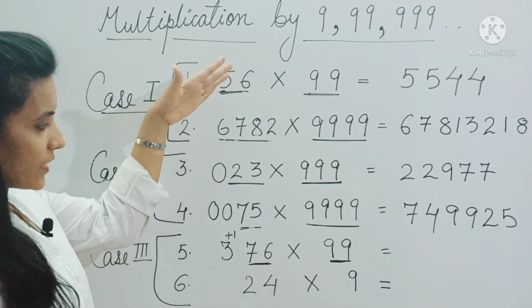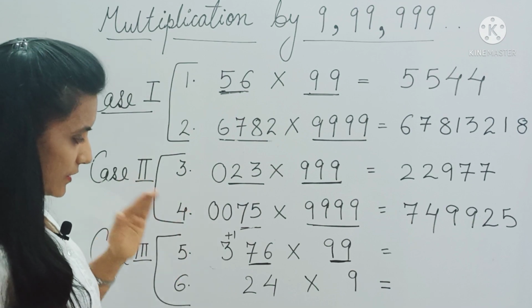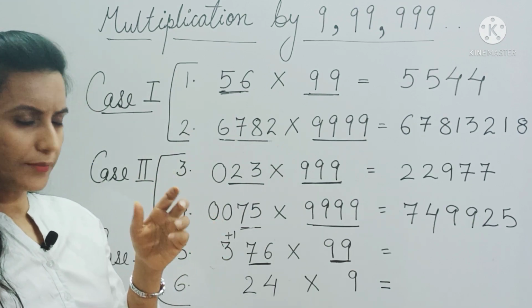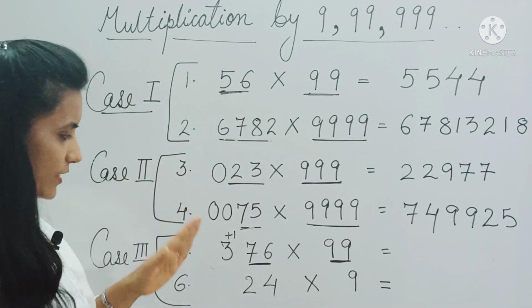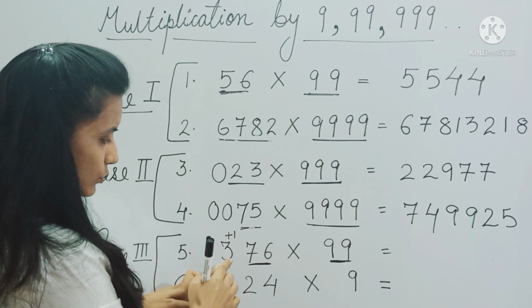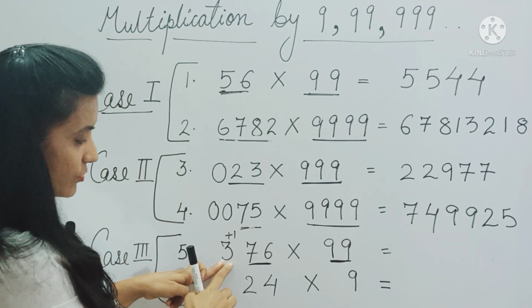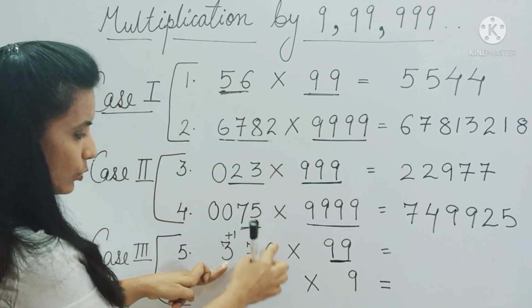Like in the previous cases, what we did? We just subtracted 1, right? But in this case it is a little twisted, but it's easy only. Only in the first part there is a change, and that change is you have to add 1 to the remaining digit, the extra digit, and you have to subtract that number from the whole number, right?